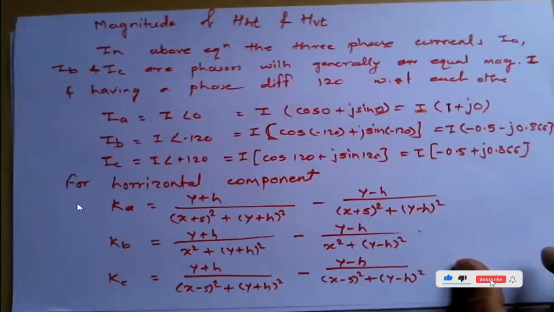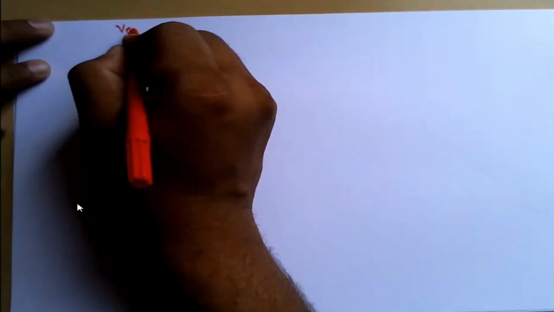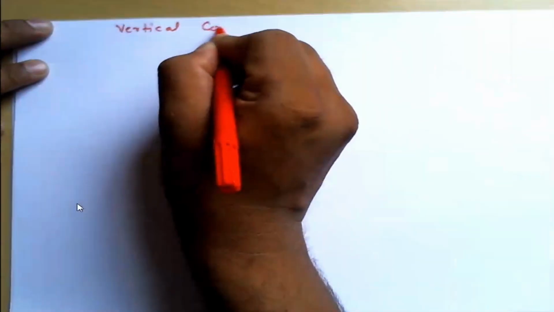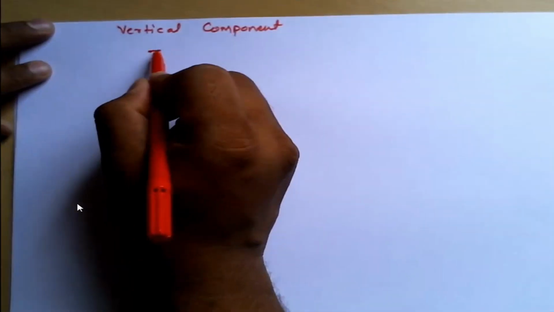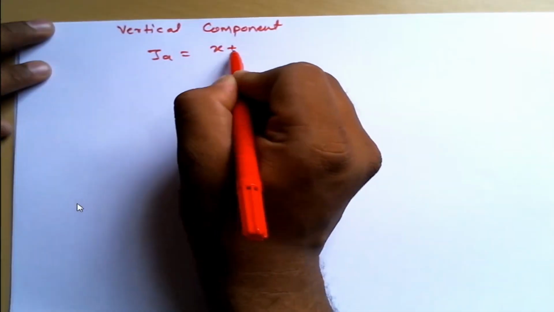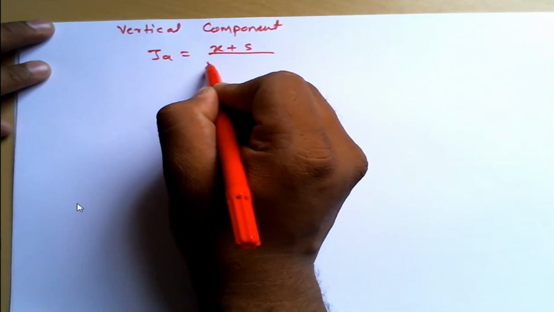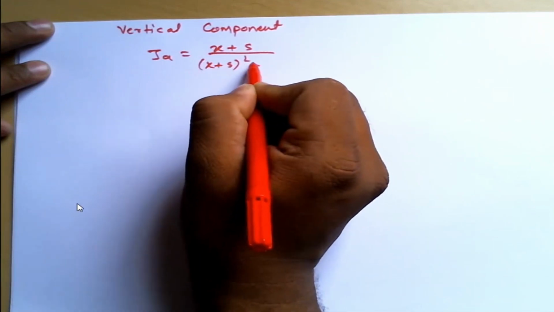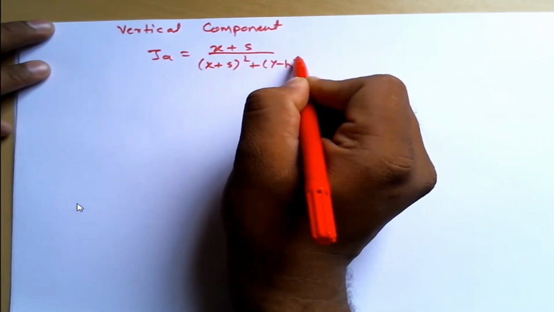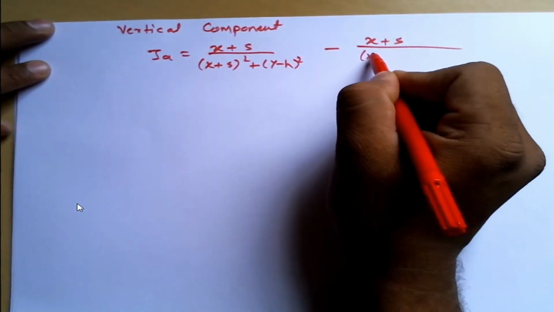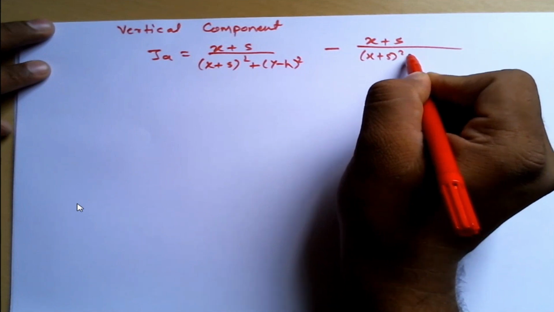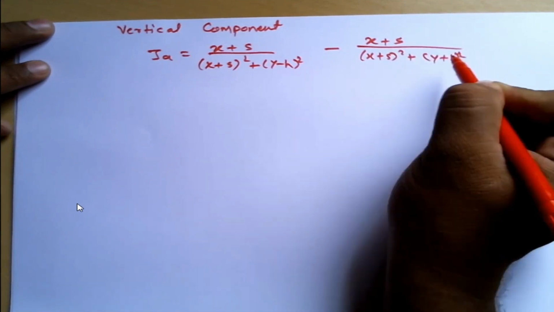So similarly, for the vertical component, Ja is equal to (x plus s) upon (x plus s) square plus (y minus h) square, minus (x plus s) divided by (x plus s) square plus (y plus h) square.